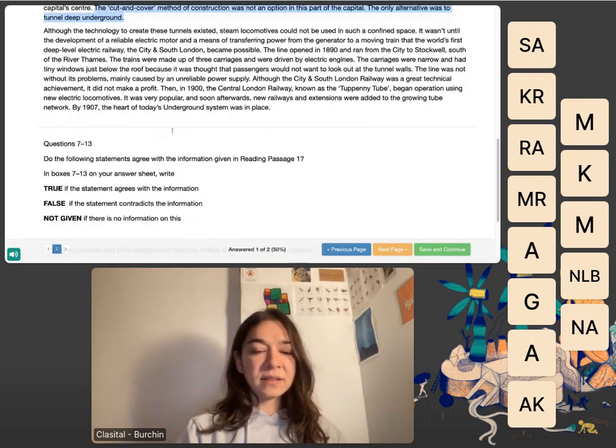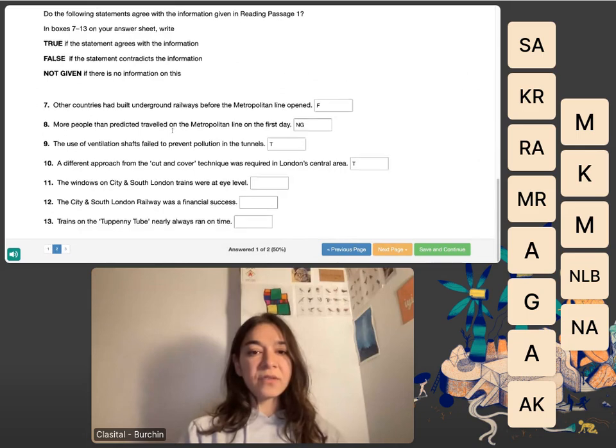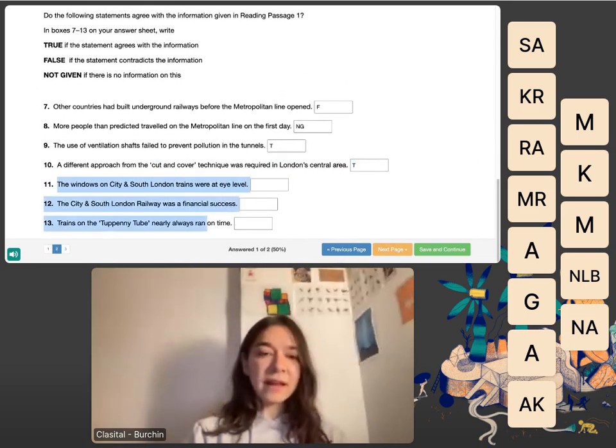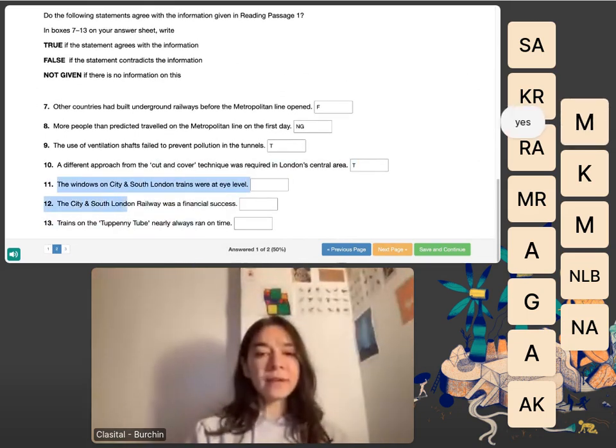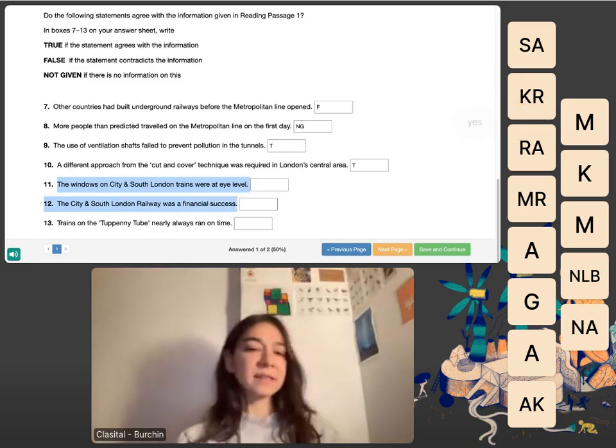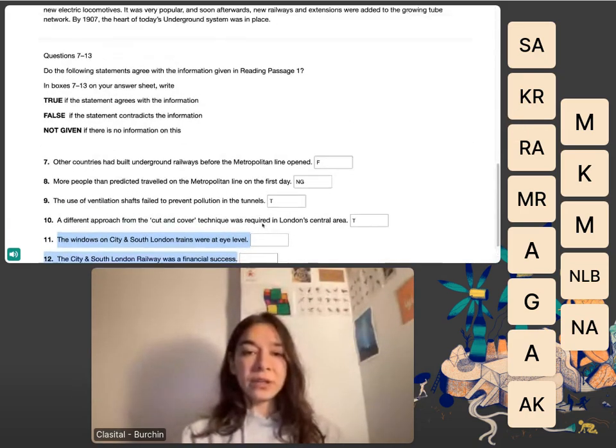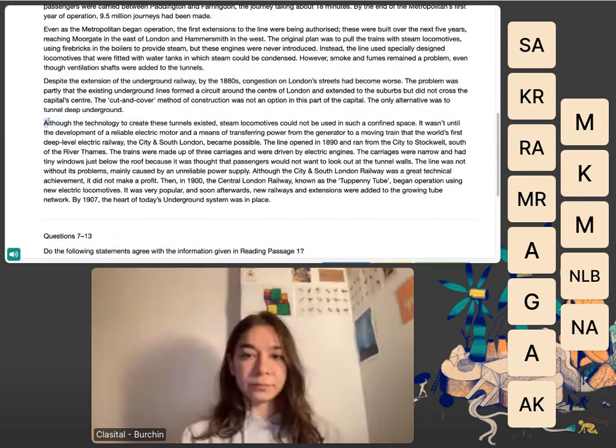What is it? The windows of City and South London trains were at the eye level. The City and South London Railway was a financial success. Windows.